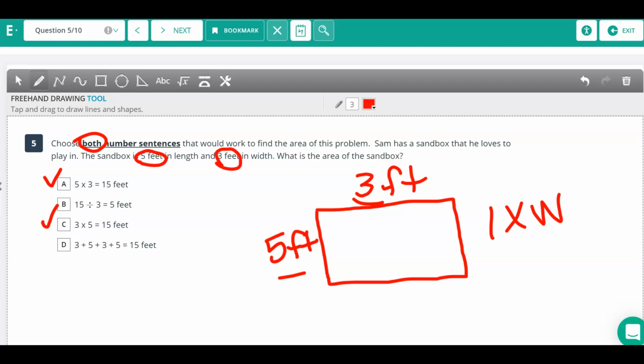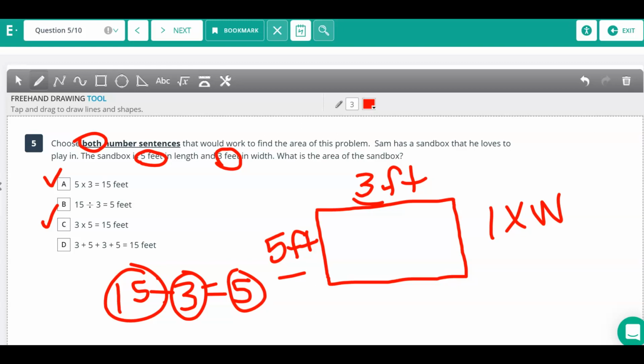Is there any other sentence in there that shows us a fact family? Yes, 15 divided by 3 equals 5. That has all of the 3 numbers in our fact family: 15, 3, and 5.